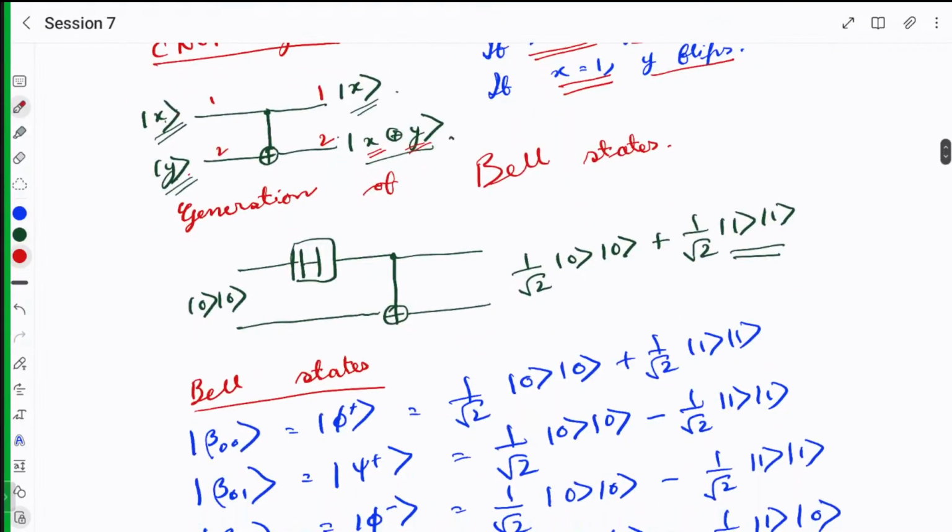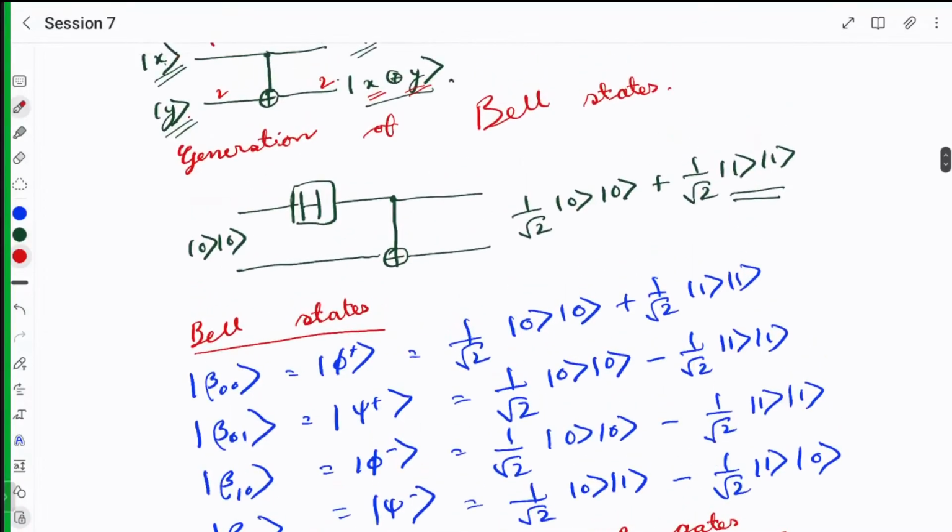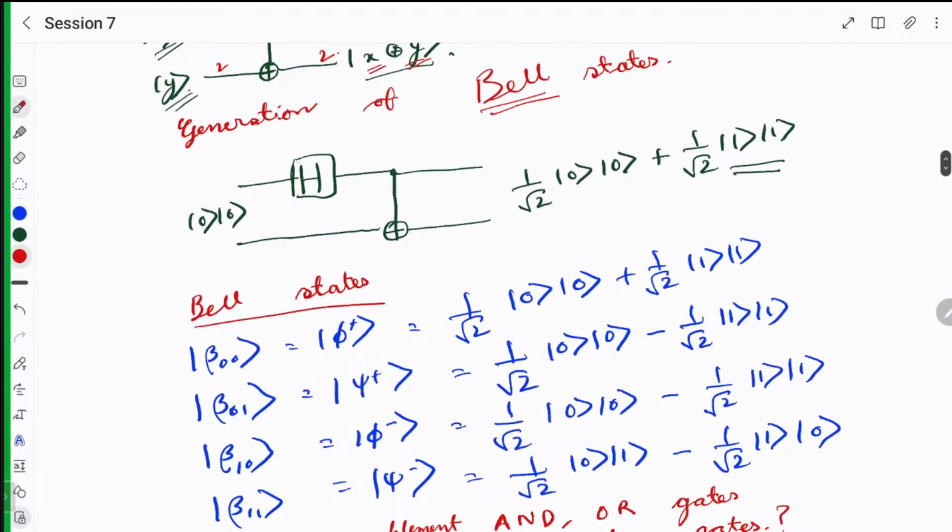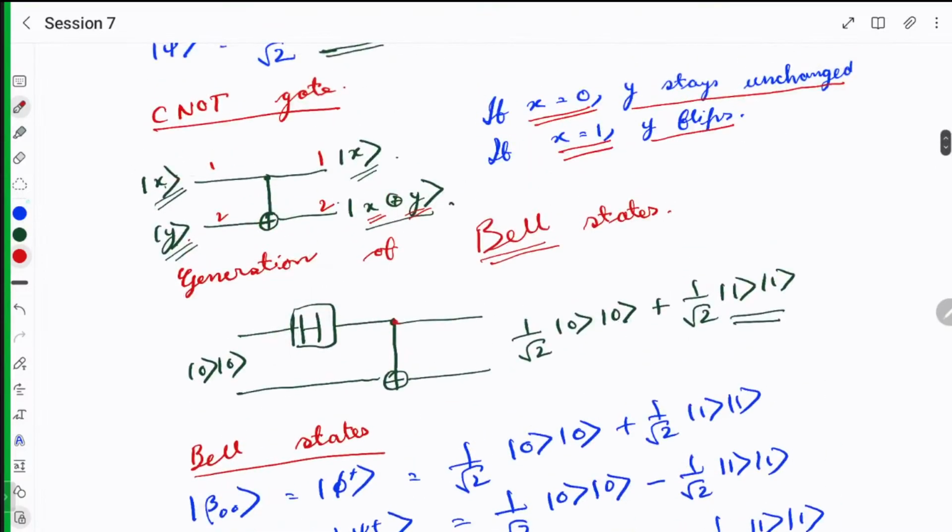Now, we also looked at how to generate entangled states, in particular the Bell states. So we saw that if you apply a Hadamard and then a CNOT, with the Hadamard on the first qubit, and use that qubit as the control of the CNOT gate. Remember, this was known as the control qubit, and this was the target qubit.